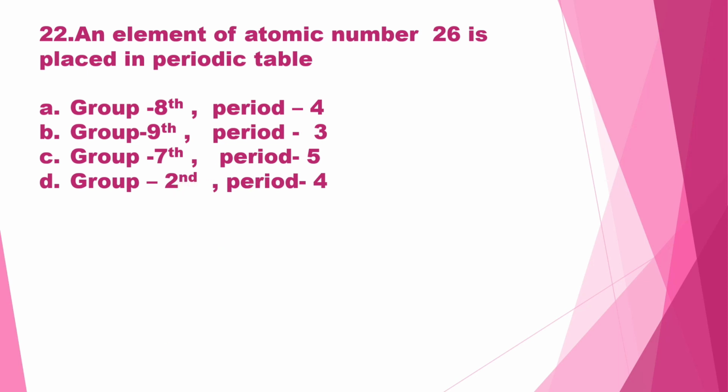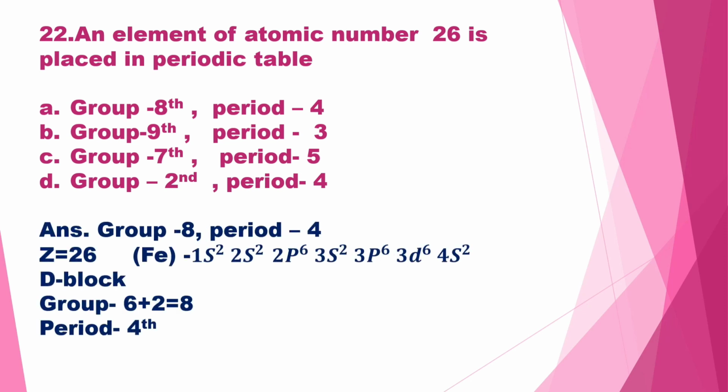If we observe the electronic configuration of 26, it is 1s2, 2s2, 2p6, 3s2, 3p6, 3d6, 4s2. The last electron enters the D subshell, therefore it is a D block element, and for the D block the group number would be the number of electrons in the inner D subshell, that is 6, plus the number of electrons in the outermost S subshell, that is 2. So 6 plus 2, that is 8.